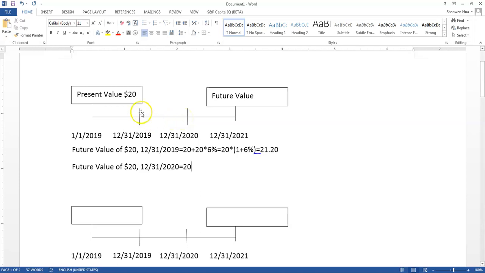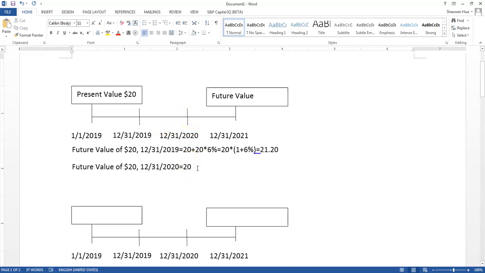As of December 31st, 2019, the end of last year, if I didn't pay him back, I owe him $21.20, including the original principal and the first year of interest. So this should be paid, but I haven't paid him. Instead, I waited another year.